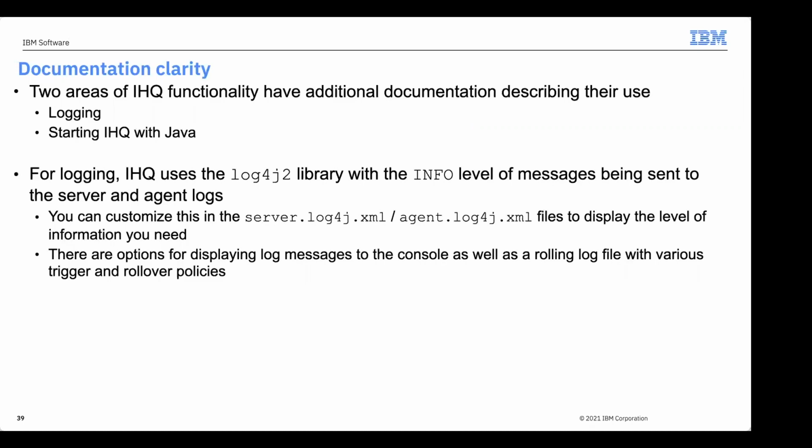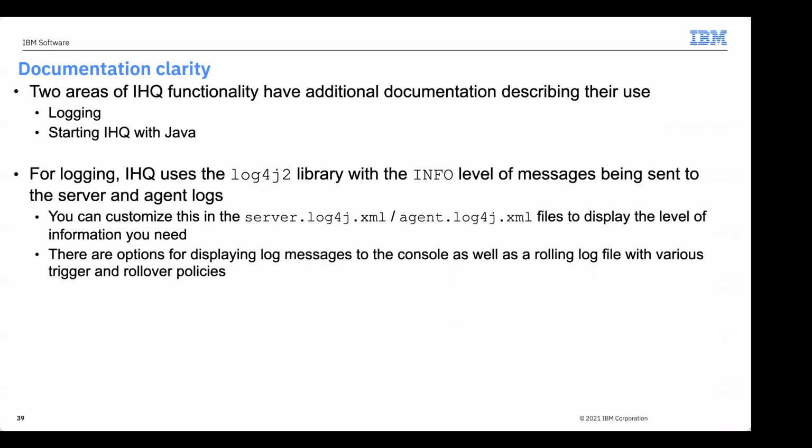So now, in the IHQ documentation, there is additional and clearer messaging and information on how you use logging within IHQ and how you can start and stop IHQ using the Java commands instead of the new shell scripts. So looking at logging, IHQ uses the log4j2 library, and by default, it uses the info level of messaging.